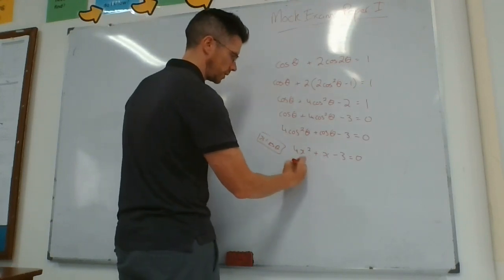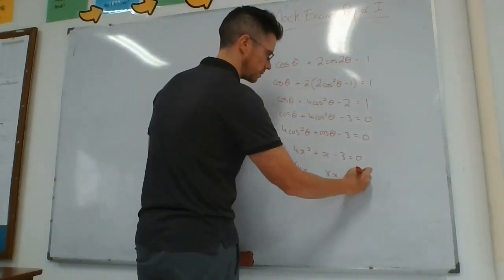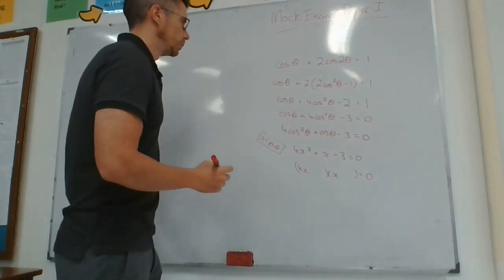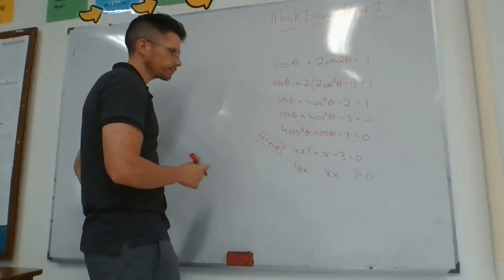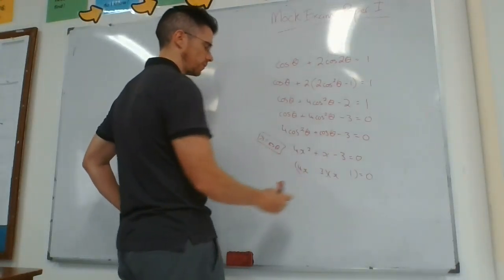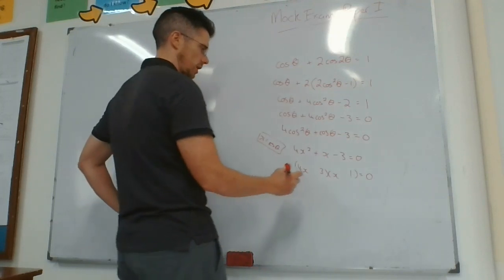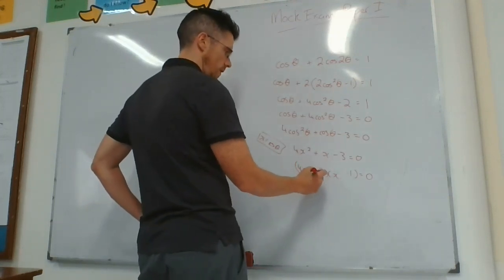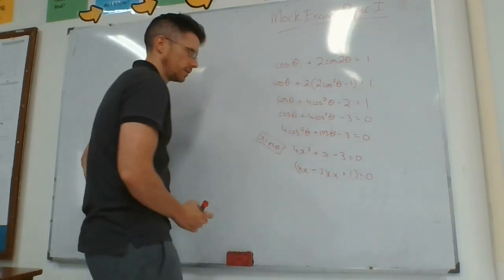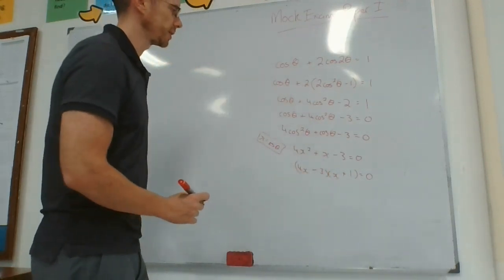So I would do 4x, x, so I want to make 1 in the middle, so maybe 3 here and 1, so that gives me 3x, that's going to be 4x, and I was going to subtract, so this is going to need to be plus and minus. Hopefully you're able to solve quadratics that quickly.